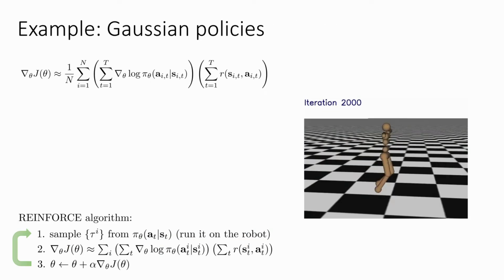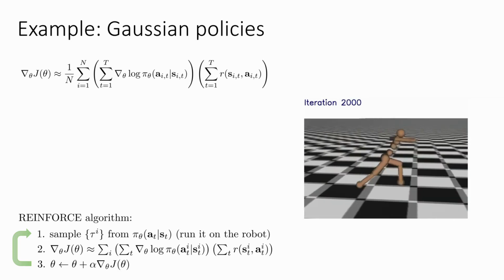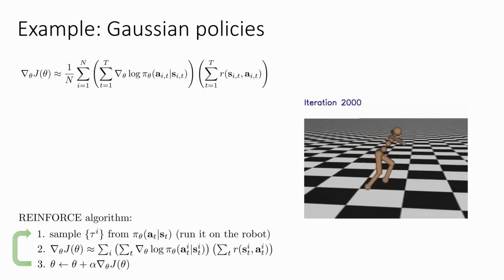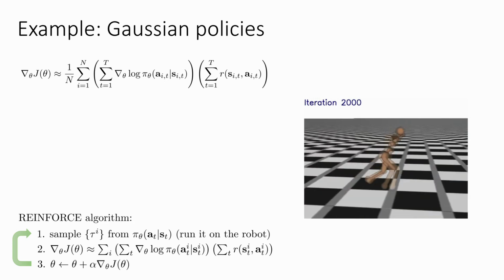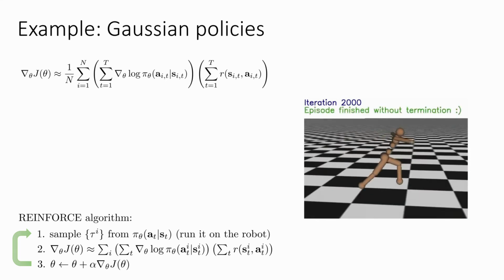Let's go through another example. This was for continuous actions. So you could imagine using policy gradient to train a little simulated robot, in this case, to run around. Now this simulated robot is going to have continuous actions, not discrete actions. So we need pi theta a given s to define a distribution over some continuous value.